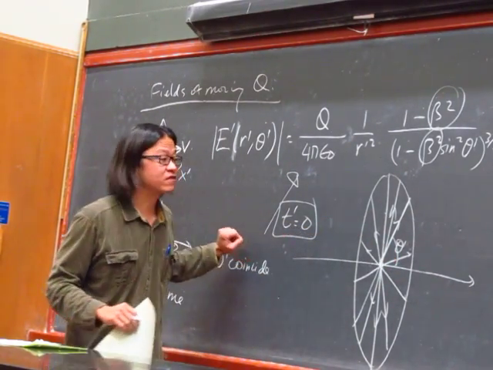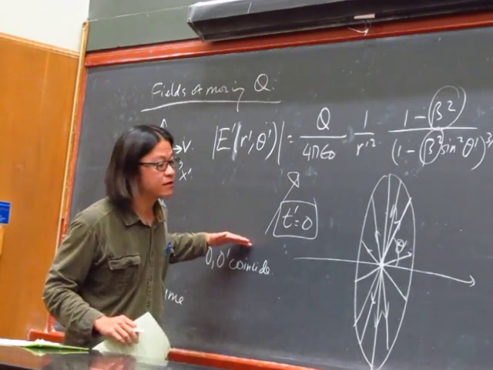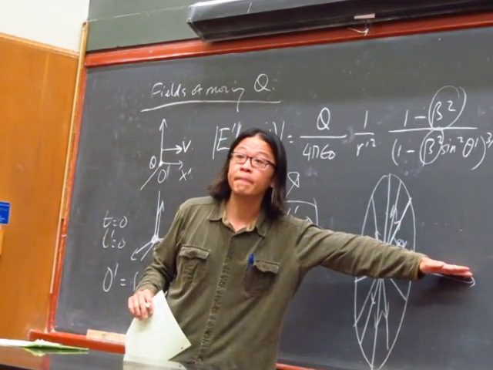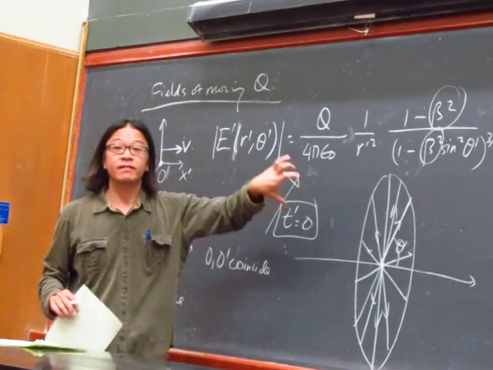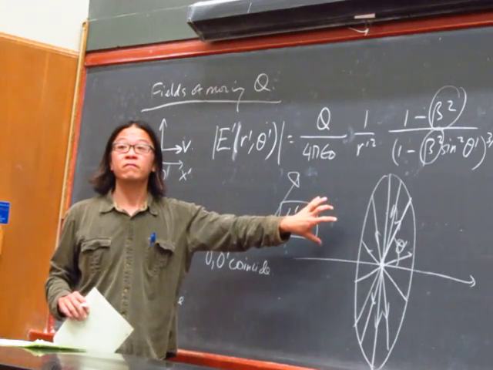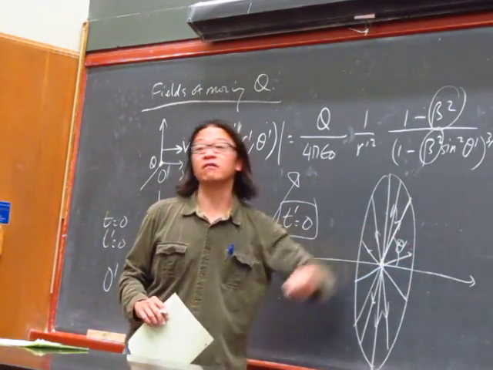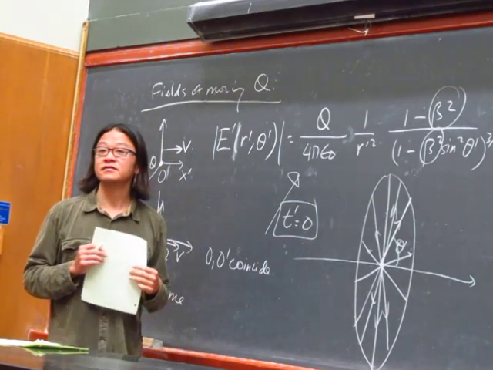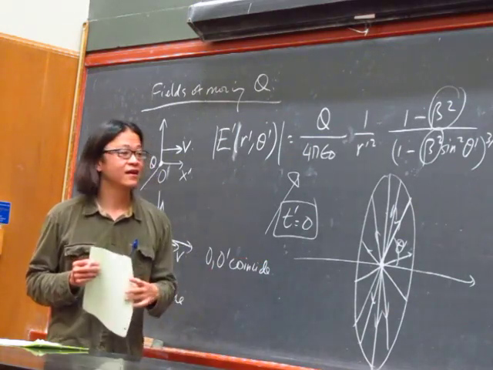So the solution is a solution for a constant velocity particle moving in a frame, right? And then this calculation will give you the field at that particular time when the particle is at some position, r. Is this confusing or is it clear? Okay.